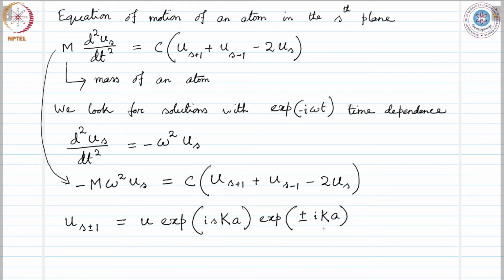Capital K is the wave vector for lattice vibration. We didn't write small k to distinguish from the electronic wave vector. These are phononic wave vectors because these are the waves of the lattice vibration. a is the spacing between the planes.